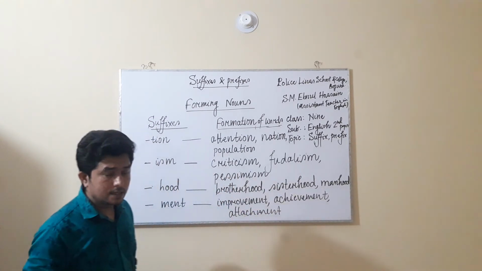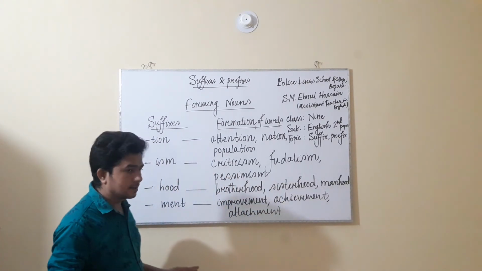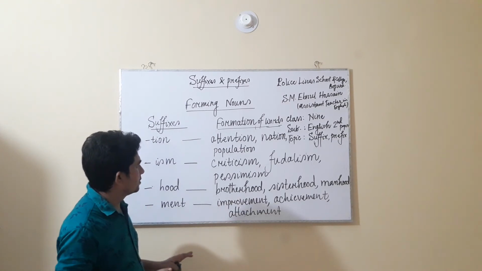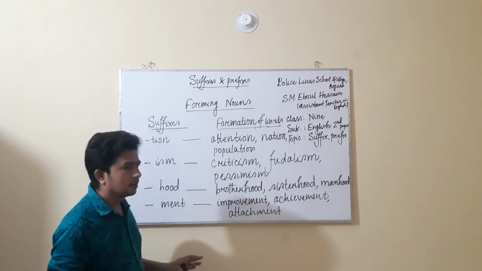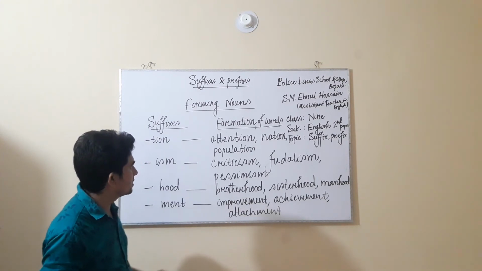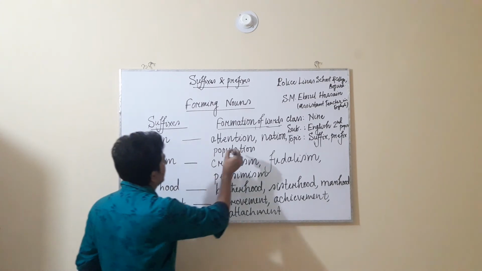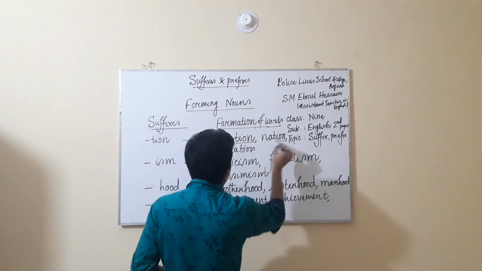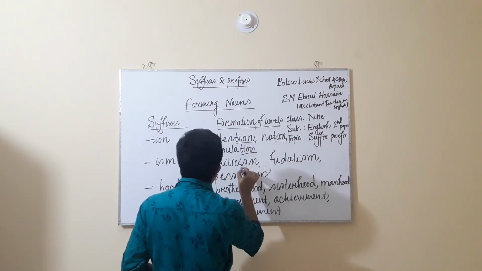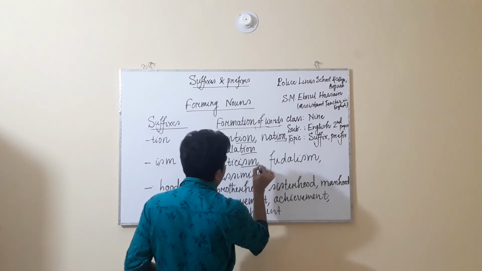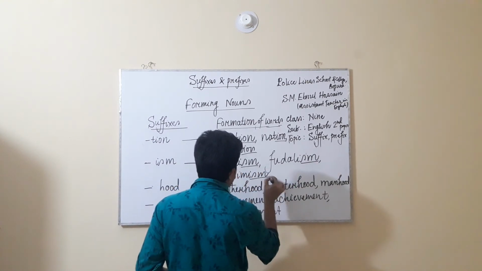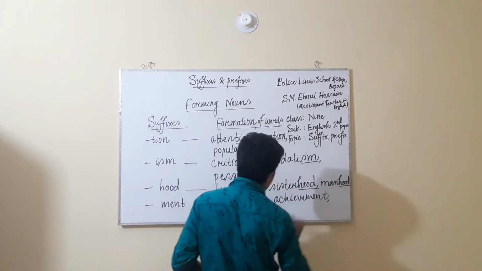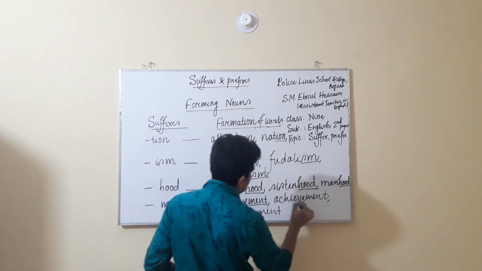So these are the suffixes by adding which we can form different types of words. Here TION, HOOD, MENT.